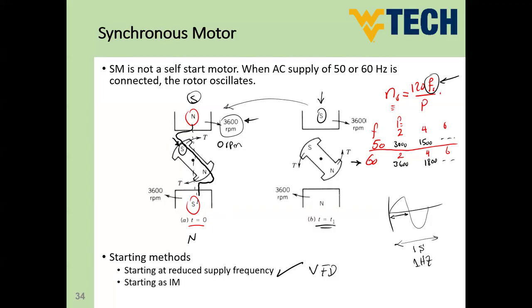If the bus is moving at very high speed, you cannot do that. But the bus has to stop or at least be slowed down in order for you to catch it. Once you catch the bus and enter it, you will move with the bus at the same speed. So this is the concept if you start with reduced frequency. This is the first way. The second way is to start as an induction motor.